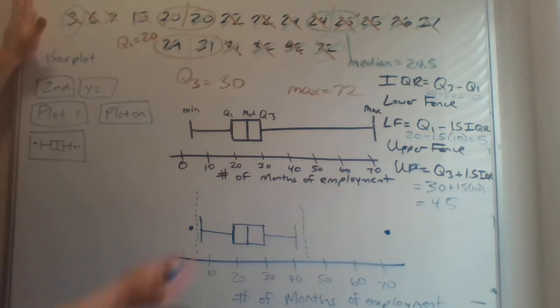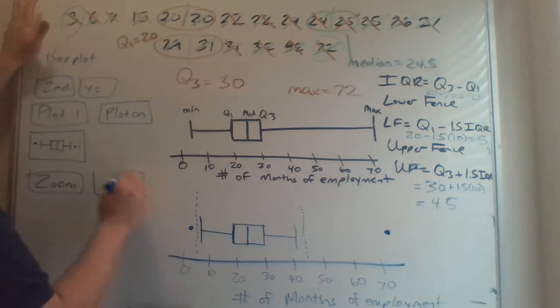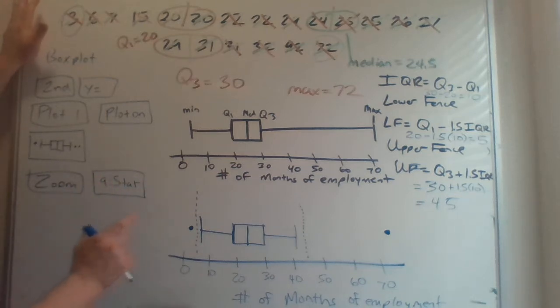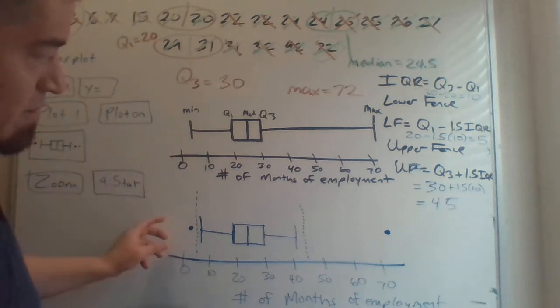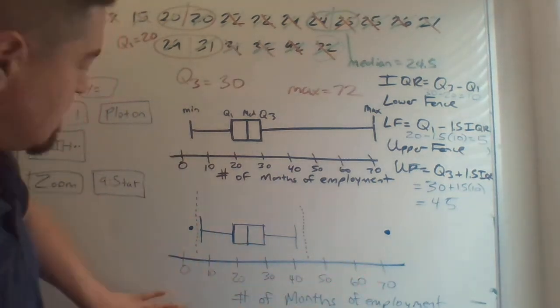But now if you push graph, chances are you might not see it. So do zoom 9, which is stat. If you push 9, you'll get stat, and that'll automatically zoom around there. That in itself is not helpful because you won't see numbers.